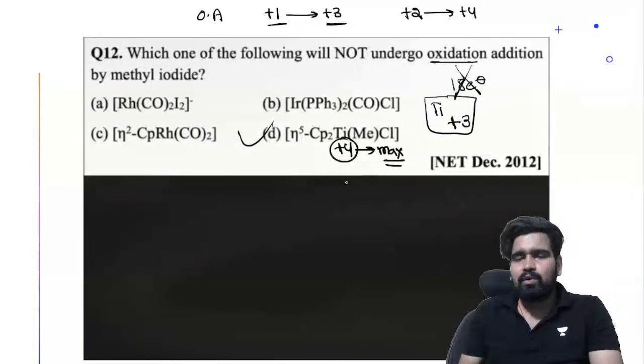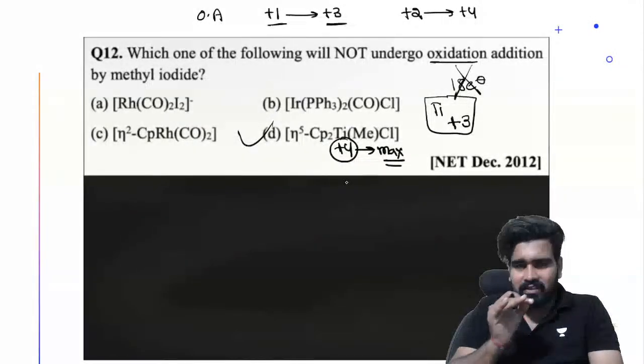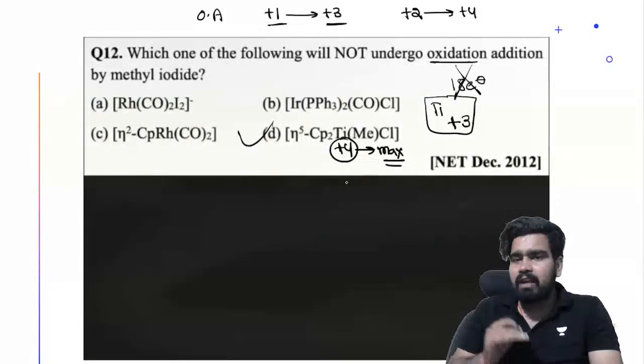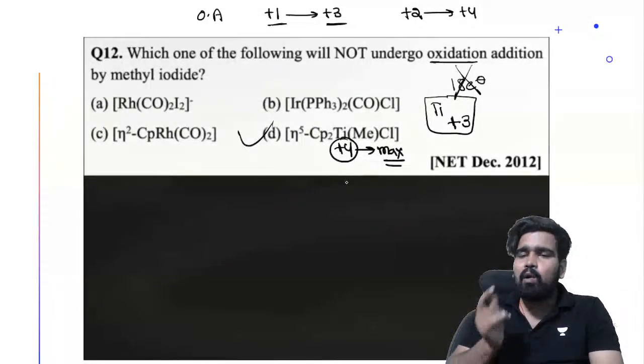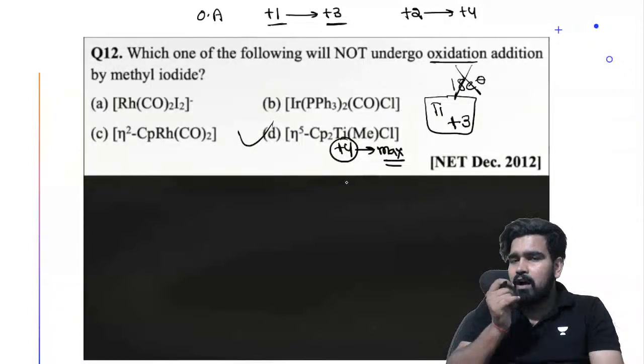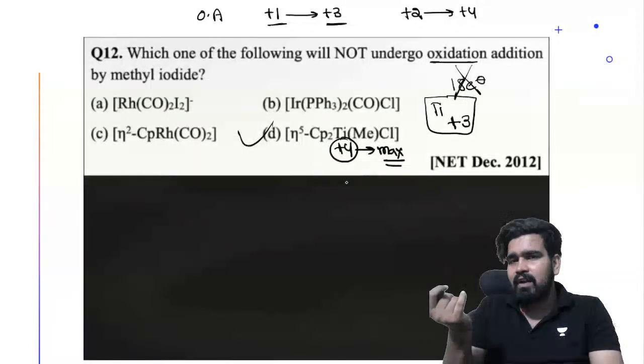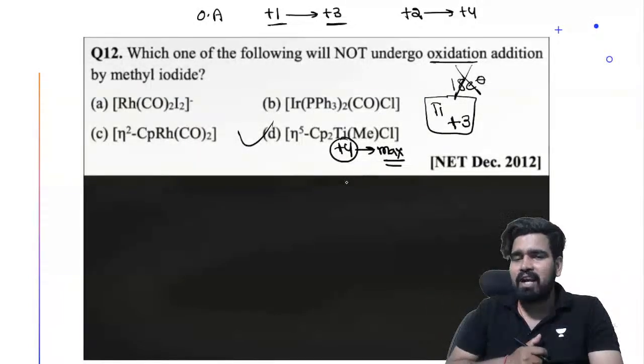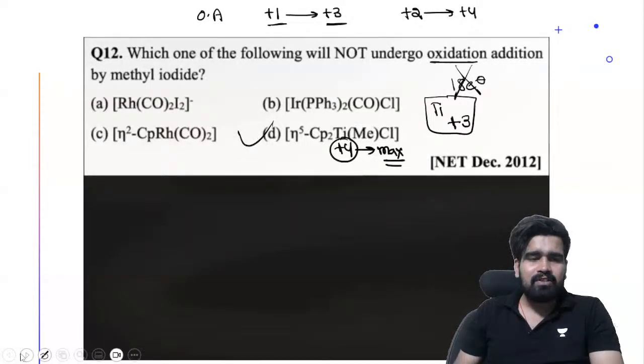We will say no. This complex of titanium in +3 oxidation state will not give any oxidative addition, because in oxidative addition the oxidation state increases by 2. If we increase 2 from +3, it will be +5, and +5 is not possible for titanium. So D is going to be the right option. You can check out.